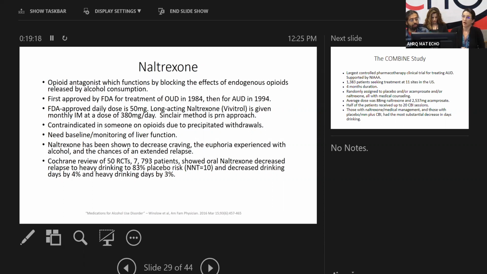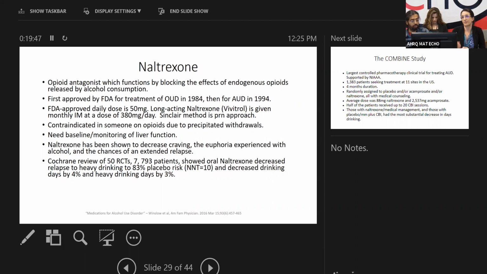So some people feel that that's a helpful approach, but the evidence is really for the daily dose of the naltrexone or the monthly injection. It's contraindicated in someone who's on opioids because it could precipitate withdrawal in someone who's already having agonist effect on those receptors. You do need baseline monitoring of liver function, and it's been shown to decrease craving.